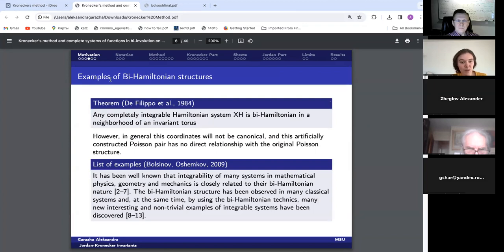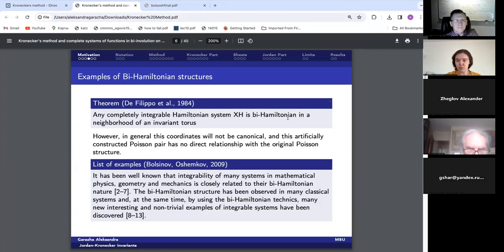Examples where we have bi-Hamiltonian structures. There is a theorem of Filippo that in the neighborhood of an invariant toroid, any integrable Hamiltonian system is bi-Hamiltonian.